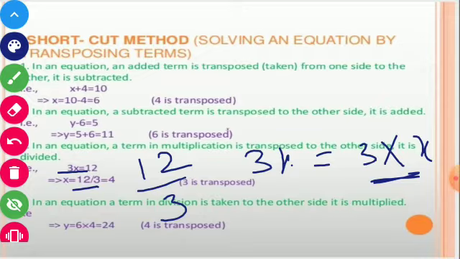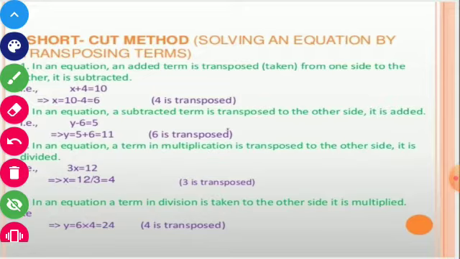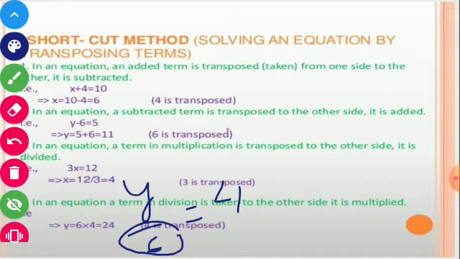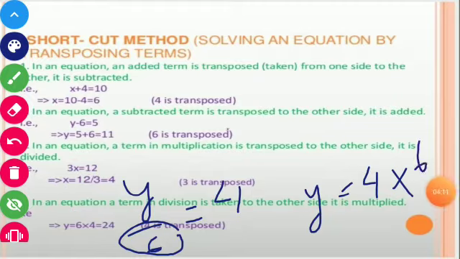In this question, it is y divided by 6 is equal to 4. So when it is divide, it becomes multiply. So y is equal to 4 into 6, which gives you 24.